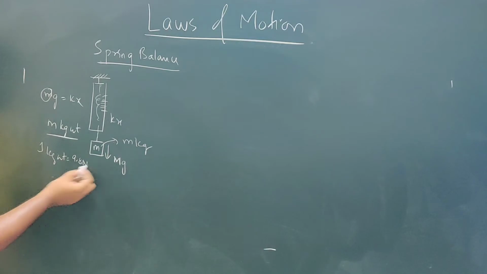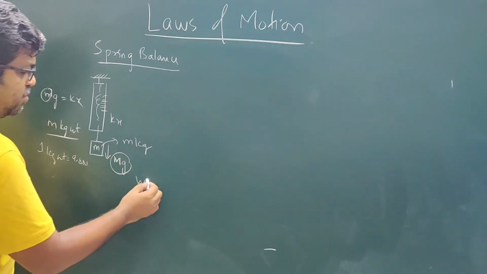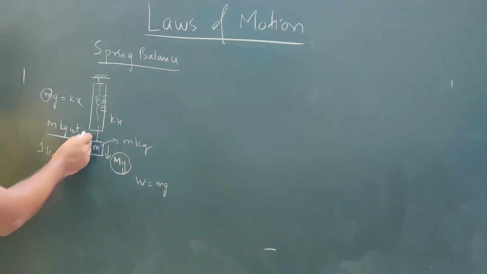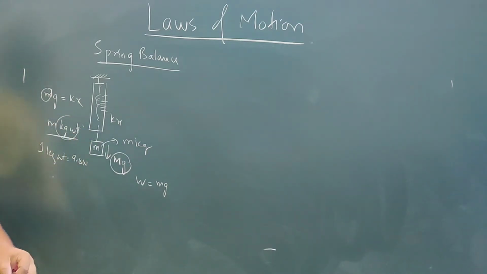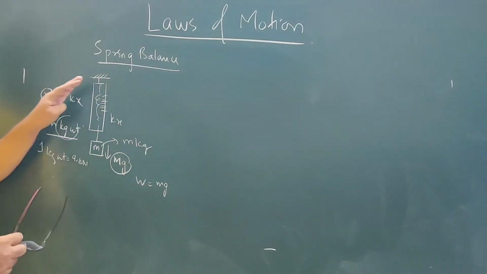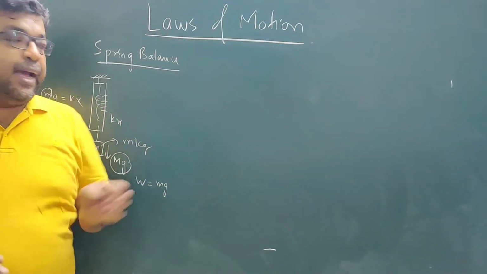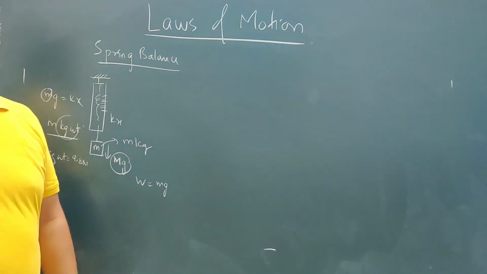Means you can write weight W is equal to M into G, or you can write it in terms of kg weight. But that is a different thing. The main concept is this is how a spring balance records the weight. A physical balance measures the mass, and a spring balance measures the weight.